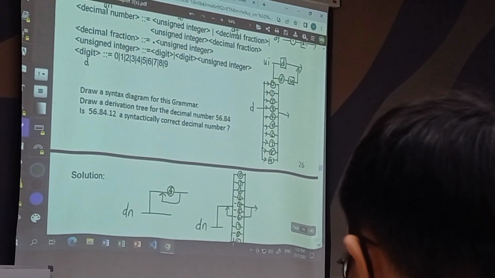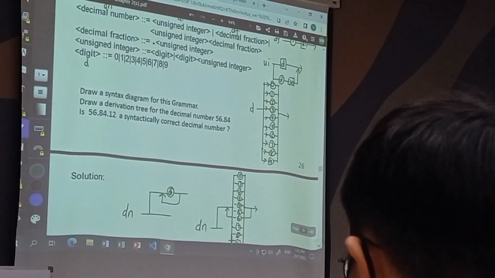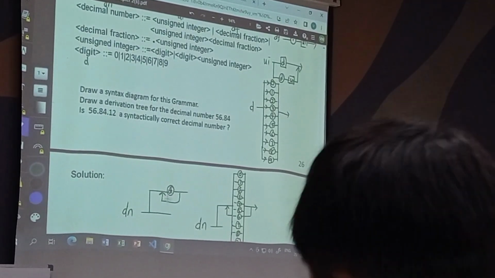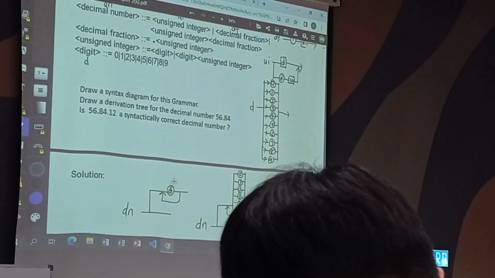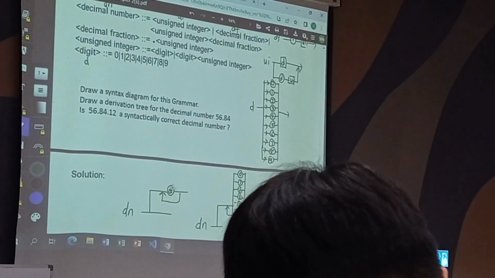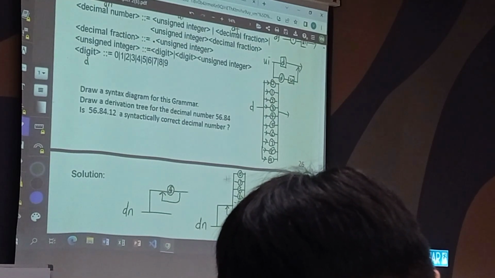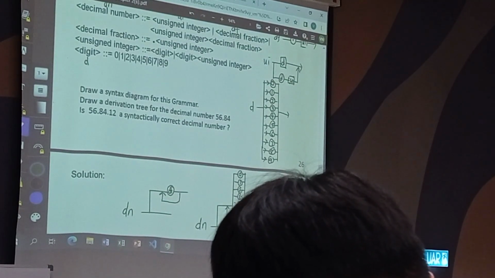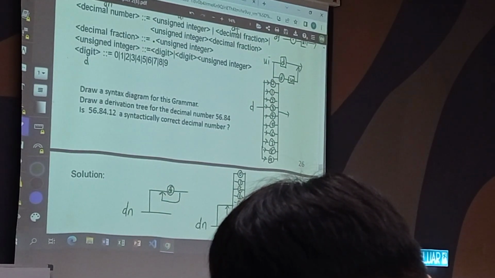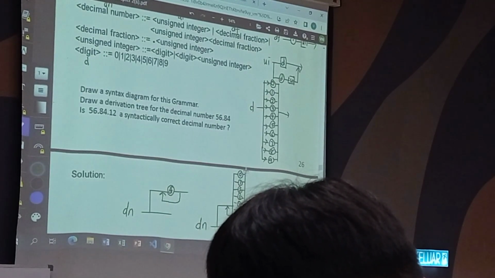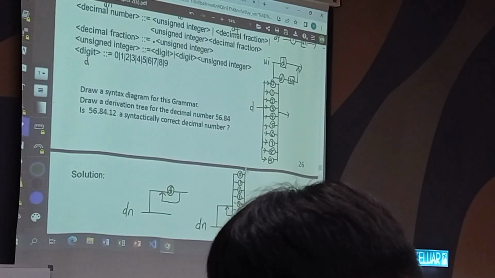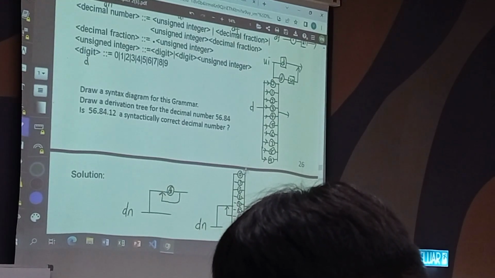Then only it is considered as a terminal symbol. If you only put the digit here, this is not considered as a master diagram. So you need to replace all the digit with 0 to 9. So meaning that in your master diagram, you can only have 0 to 9 with the decimal point. Okay?